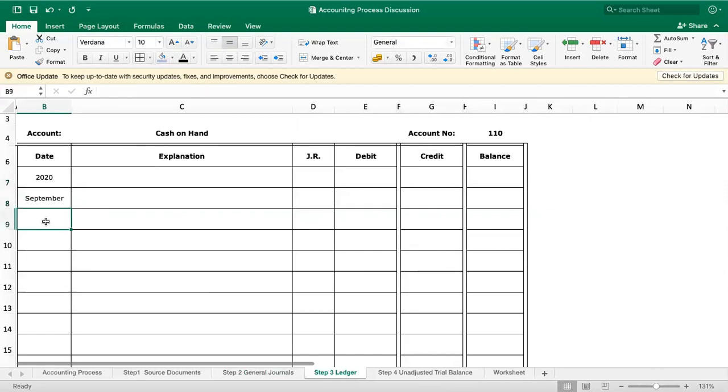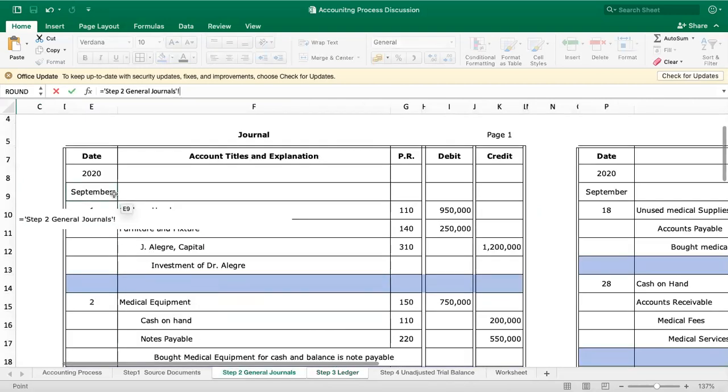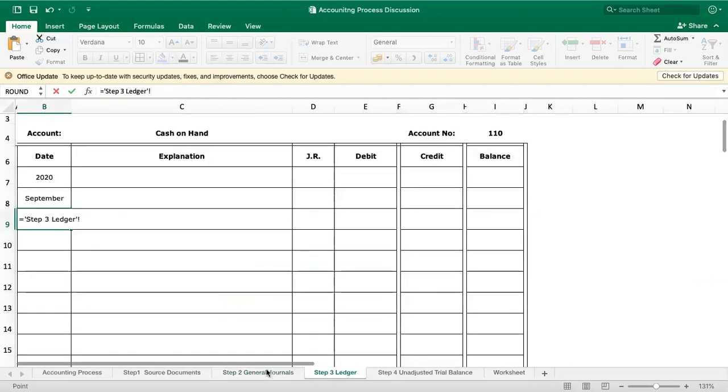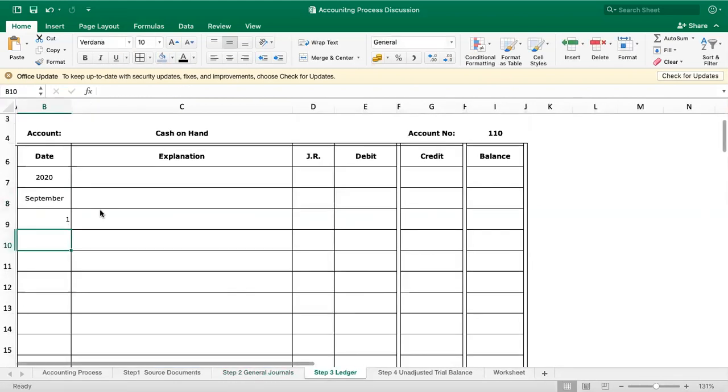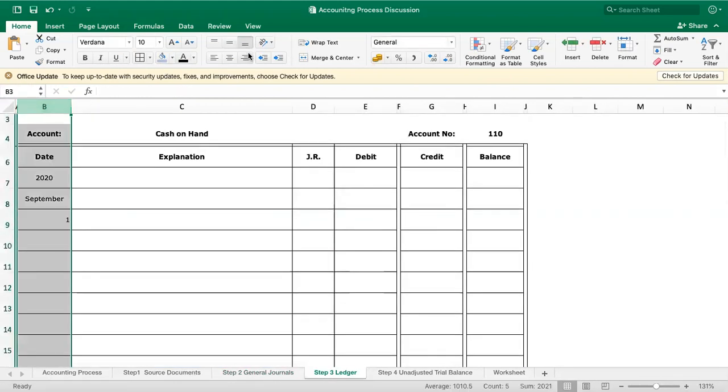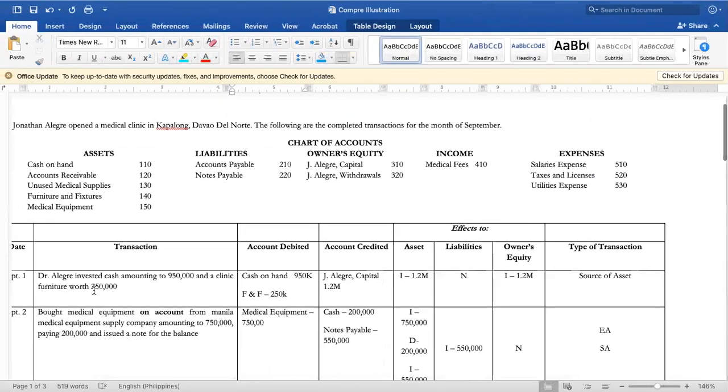The first transaction that affects your cash on hand account based on your general journal is September 1.